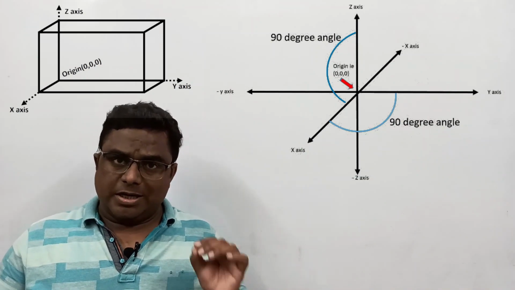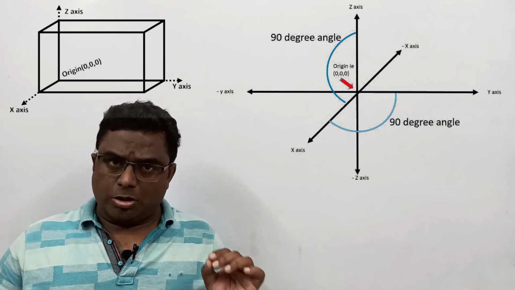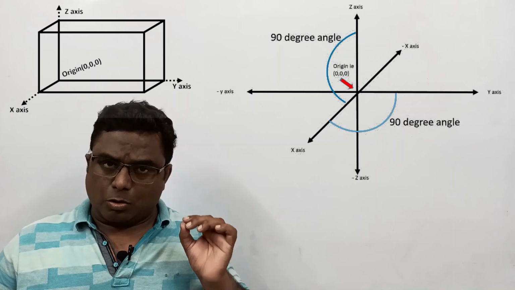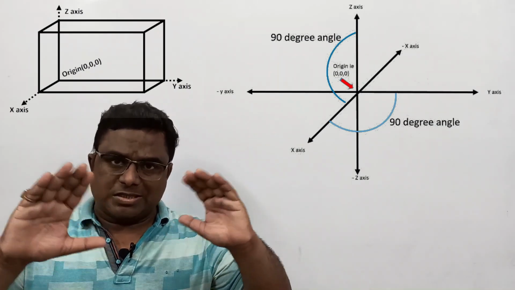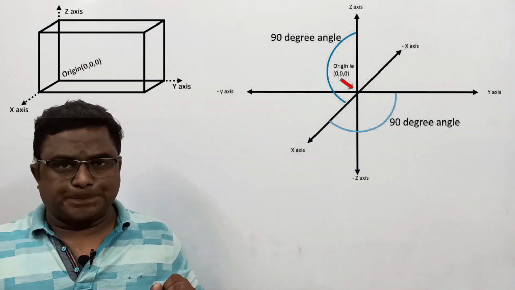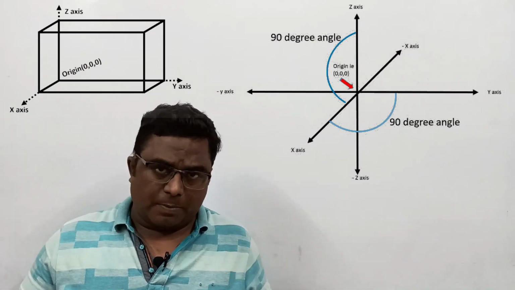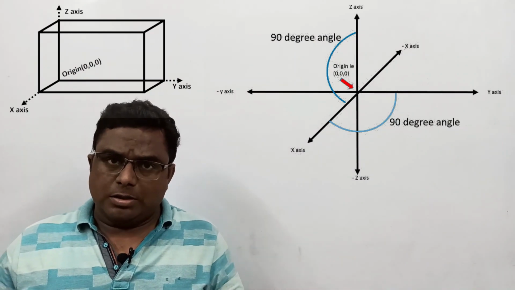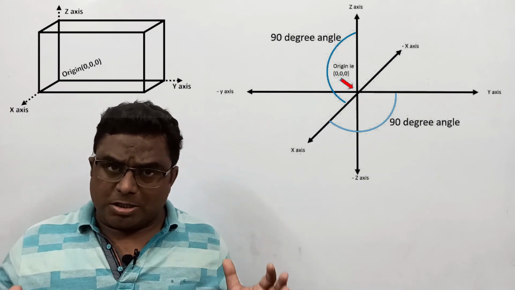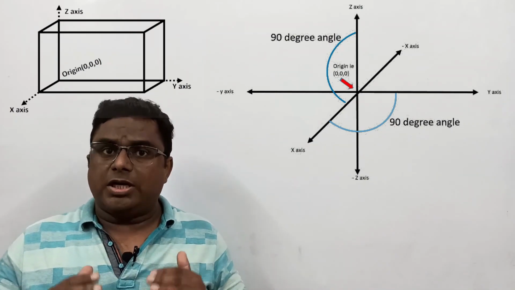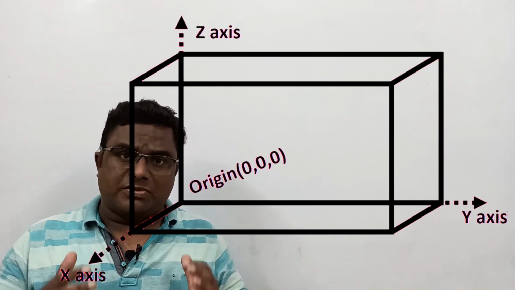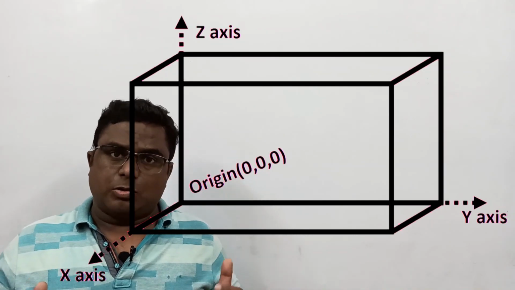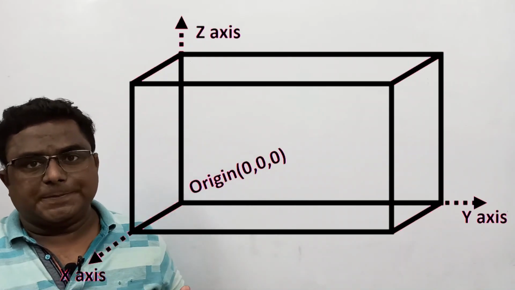These three axes intersect at one point called origin, and the coordinates of origin are (0, 0, 0), obviously inside the round bracket. These three axes generate a space which is called three-dimensional space, and the study of this three-dimensional space is known as three-dimensional geometry.